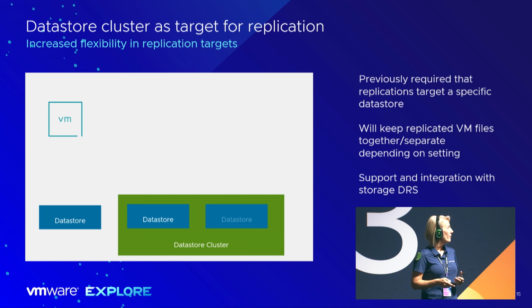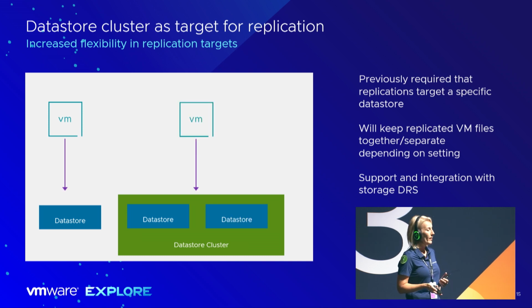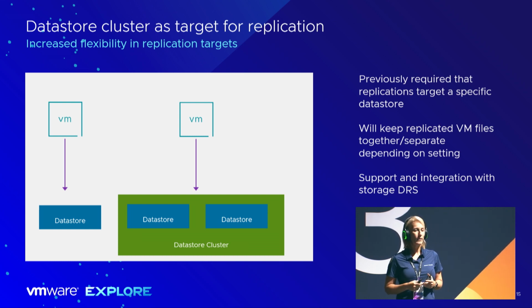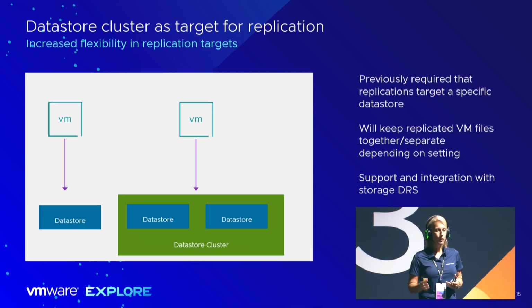And on the vSphere replication side, there are 3 new features released in 8.7 that have to do with flexibility. We continue to add more flexibility in vSphere replication. So prior to 8.7, we only had datastores as a target for replication. We're enhancing that.